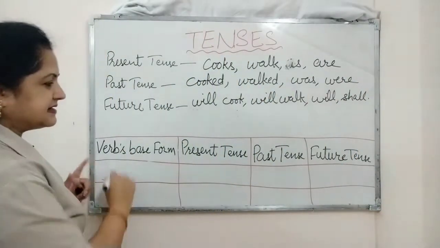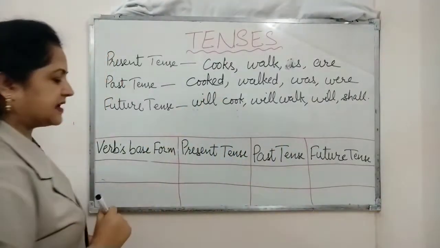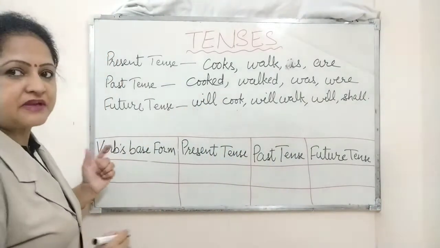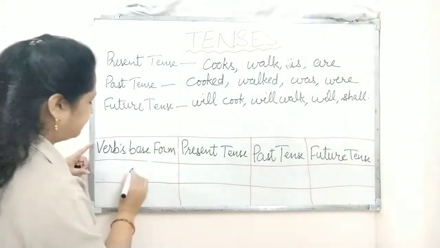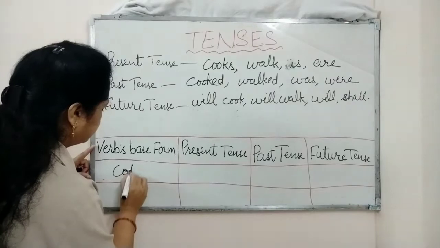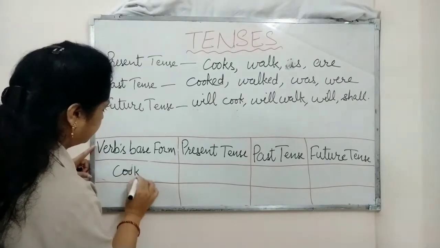So let's understand it with the help of this table. Here first of all I have mentioned the verb's base form. The verb's base form here is cook. Okay.